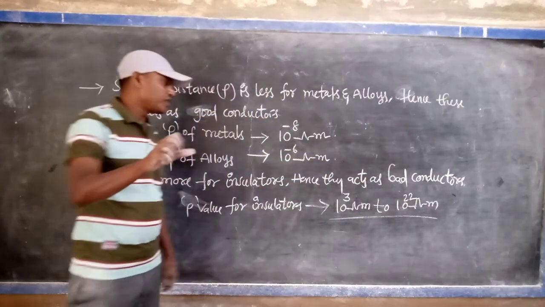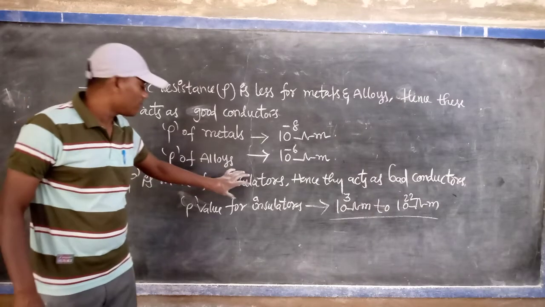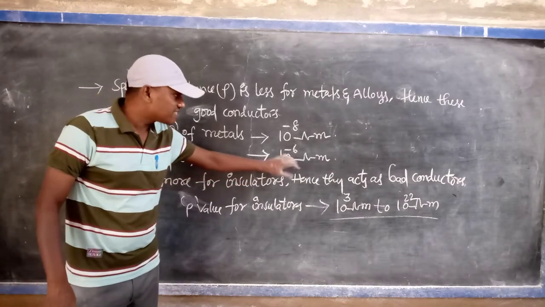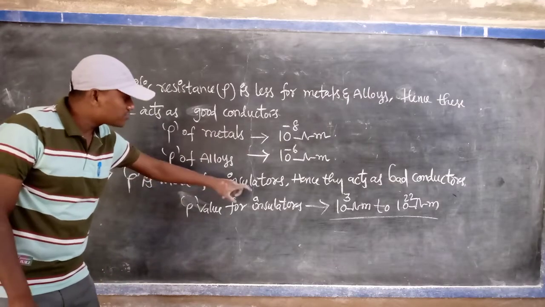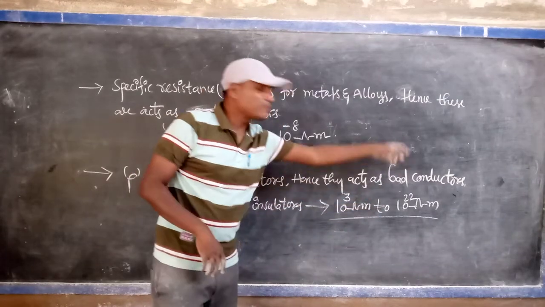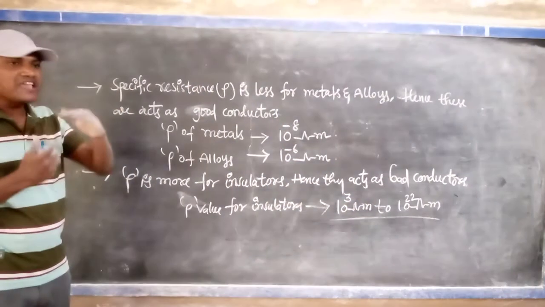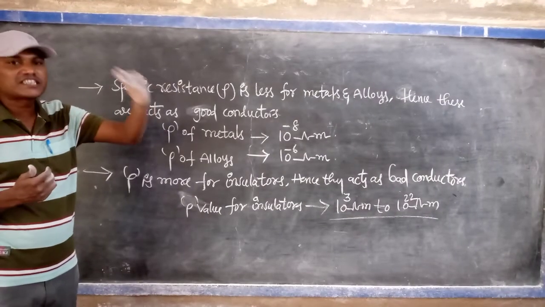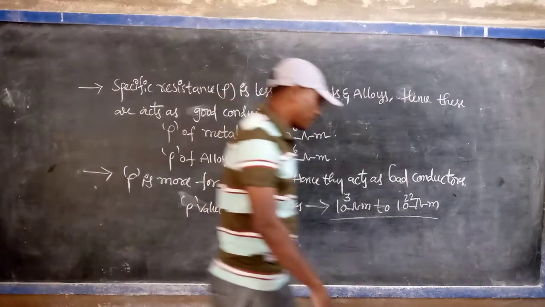So rho is more for insulators, hence they act as bad conductors. Due to the high resistivity or specific resistance, they do not allow the current to pass through them.